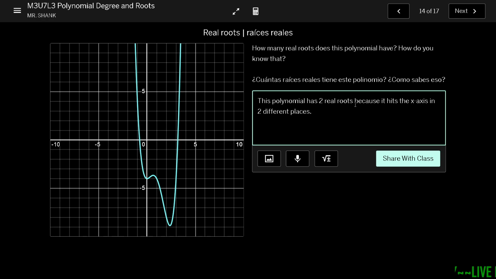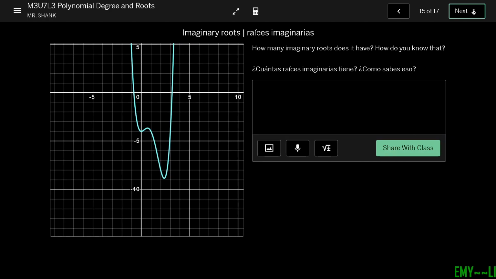So I should be able to just find out what it is just by looking at the graph. Again, it's really simple to find and identify what they are. Let's say how many imaginary roots is it?